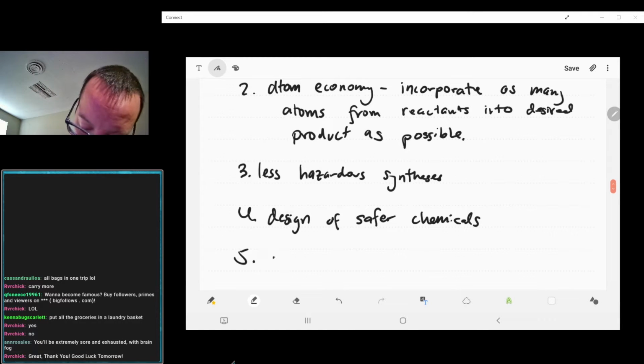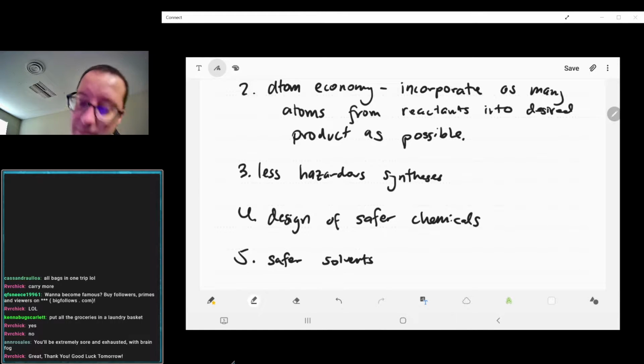Safer solvents. Perhaps you've seen television at some point in your life, and perhaps you've heard about meth labs exploding. That's a problem of solvents. Many solvents are volatile organic compounds that are very flammable, so minimizing their use is ideal.